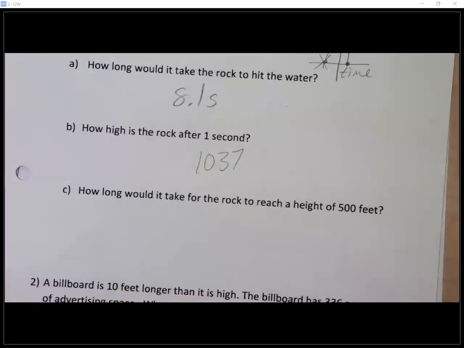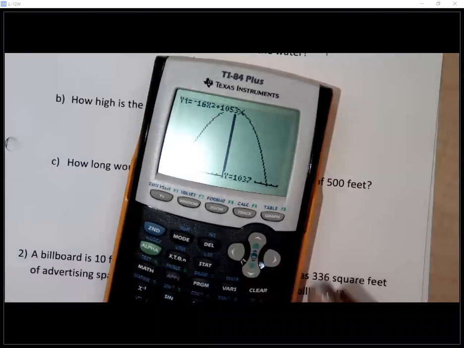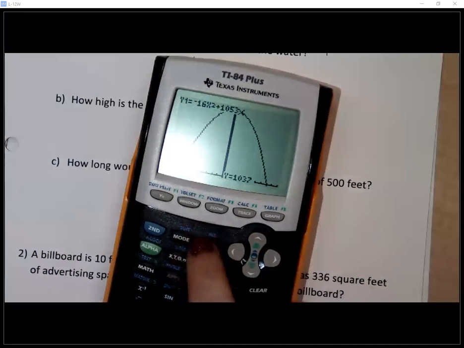There might be multiple ways, but here's a neat trick: I could just graph the line y equals 500 and see where the line intersects with my parabola. Isn't that neat? Let me show you.